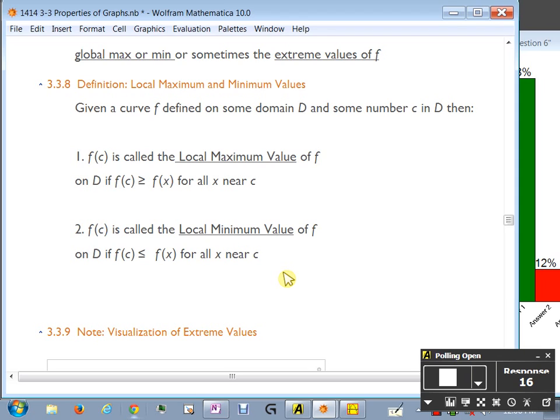If we're looking at Northwest Vista College as being our entire universe of students, then the tallest person in here would be our local maximum, and our shortest person would be our local minimum. Then if we look at all the students at Northwest Vista College, the tallest person would be our global max, and the shortest would be our global min. Does that make sense? So local is just looking near you, near a certain little neighborhood.